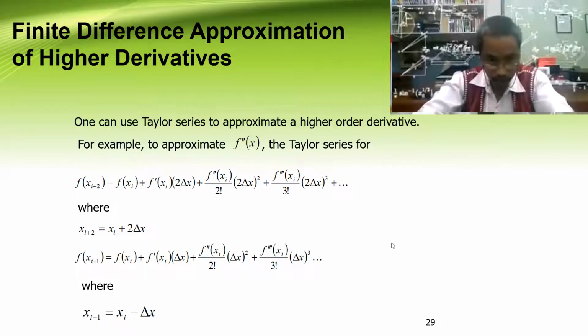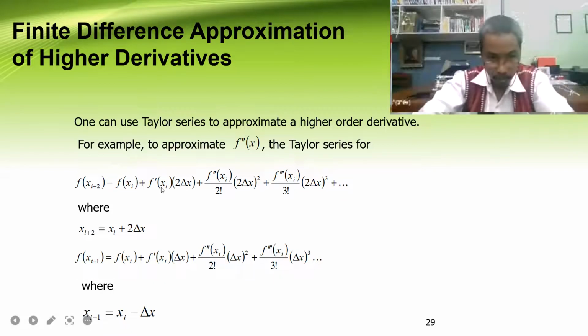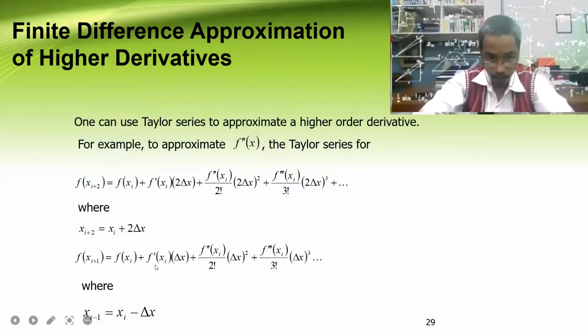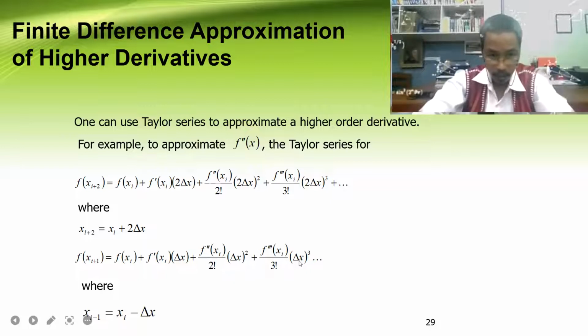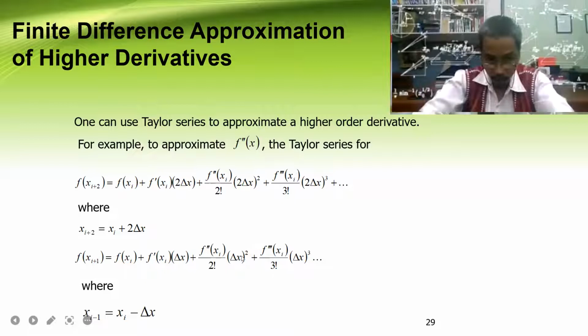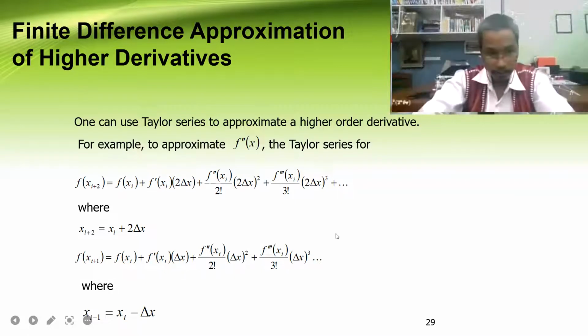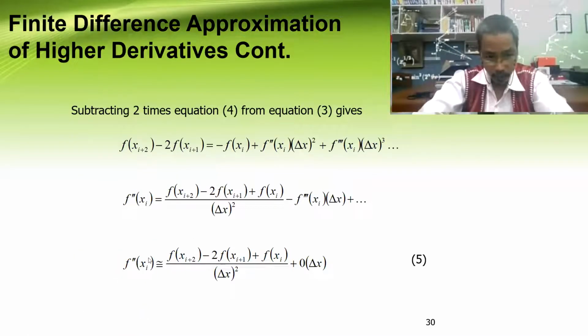Okay, so in this derivation, this is the second derivative. So we are looking at this. So we can use this transposition so that we can have a simpler equation. This is Taylor series. So let us find the equation for this one. That equation is this one.